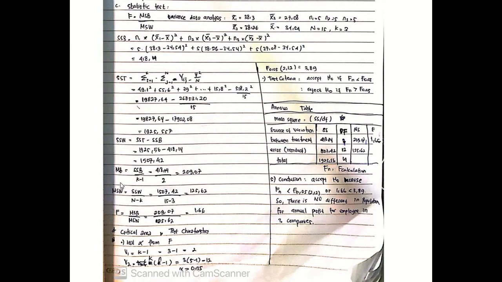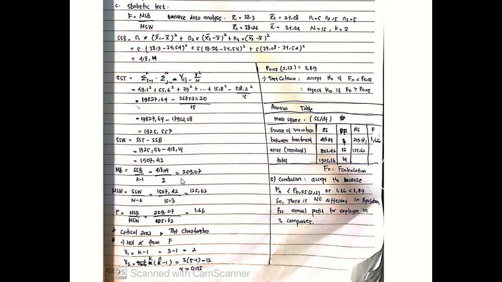The MSB formula is SSB divided by k minus 1. We input the SSB from before, and k is 3 because there are 3 companies, minus 1, so the result is 2.